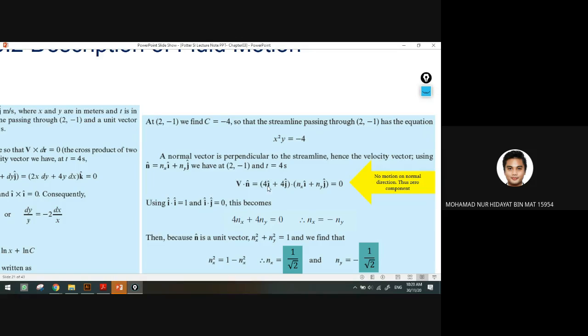So 4i multiplied with nx i, i dot i becomes 1. So you get 4nx. And i with j is 0, you don't have to care at all. You only care about i with i, j with j. So 4j multiplied with ny j, you get 4ny. Then you simplify further. Therefore, nx is equal to -ny.